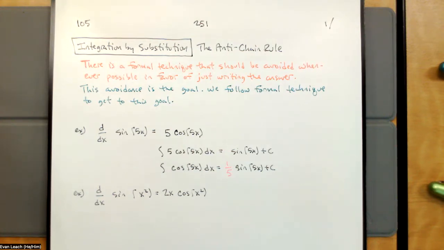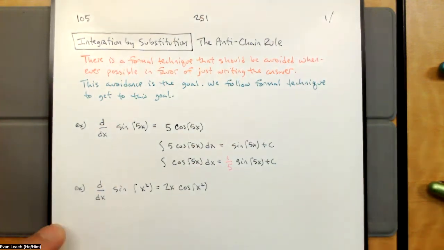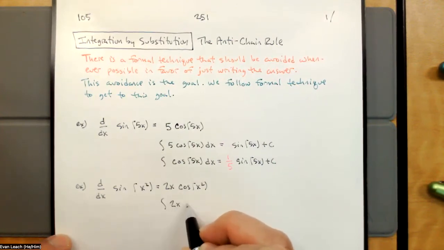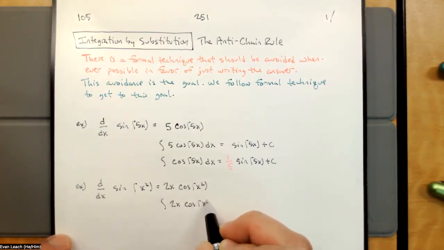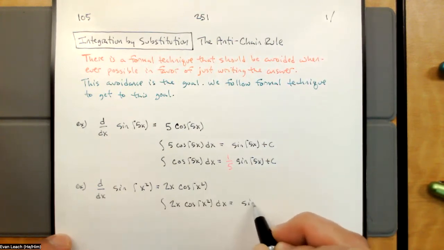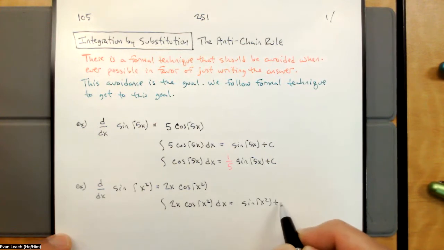This is a derivative statement. All derivative statements are also integral statements. So this is also telling me that the integral of 2x times the cosine of x squared dx is sine of x squared plus c.